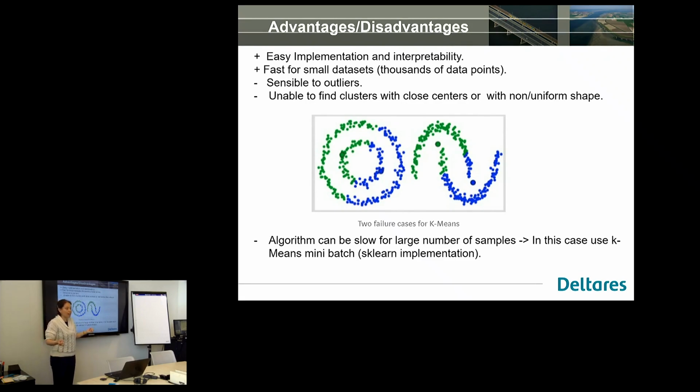And this is very bad, because if you don't know how many clusters you have, how on earth are you going to put that as an input for your model? So this is a big disadvantage. But apart from that, for small data sets, it's good.